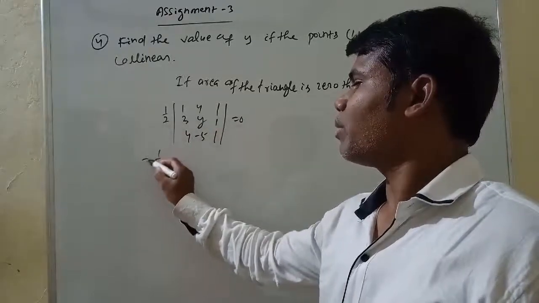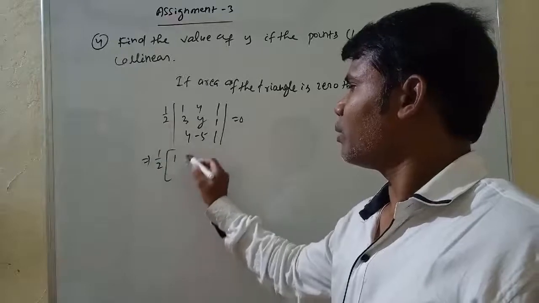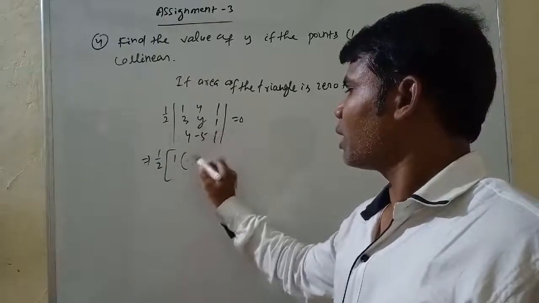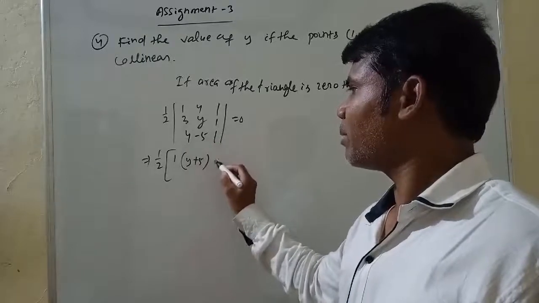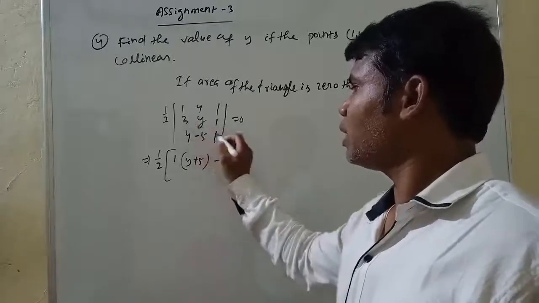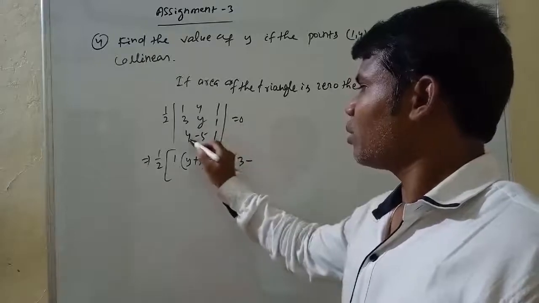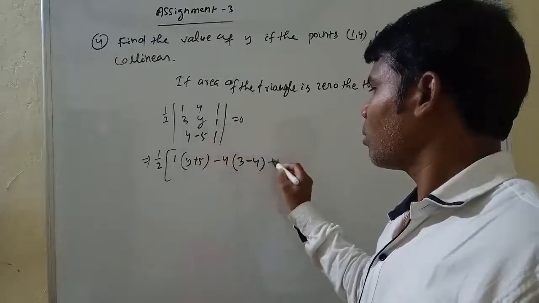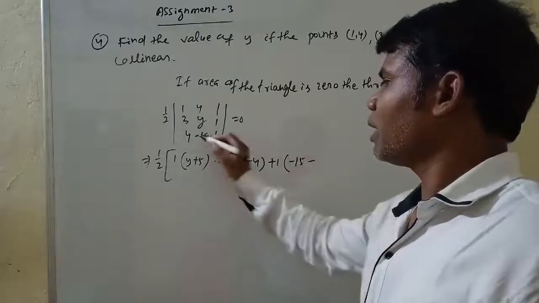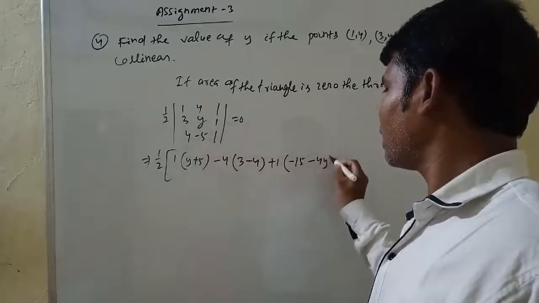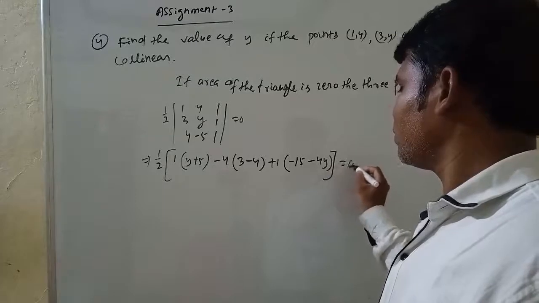That means half of 1 into (y minus 1 minus) plus 5 into (1 minus 4) plus... 3 into (1 minus 4) into 1, plus 1 into (3 minus 5)... minus 15 minus 4y is equal to 0.